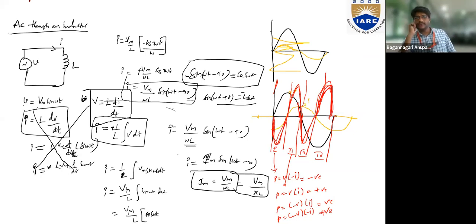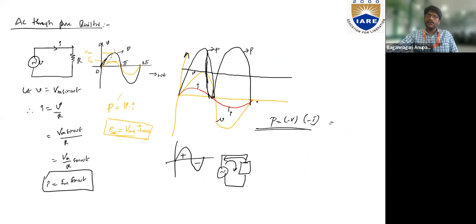So what is happening now here? In the previous case, when we assumed a pure resistor, the power was flowing only in one direction. That is because we have a waveform only in the positive cycle. The power was flowing only from source to load.